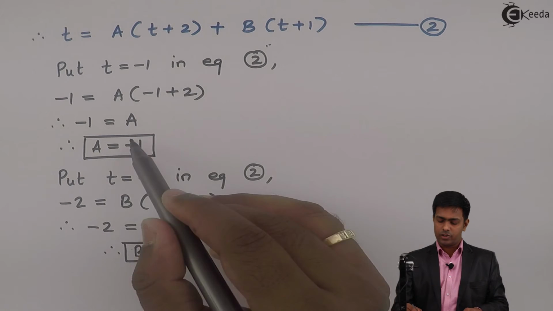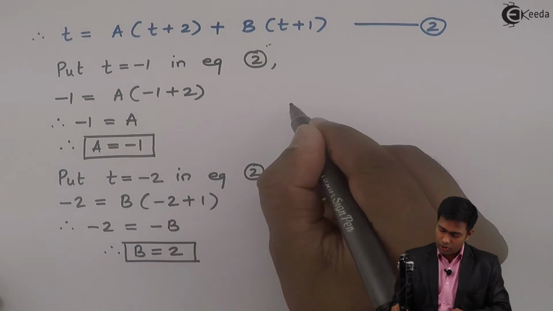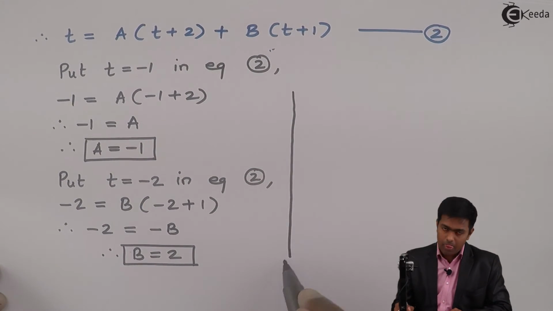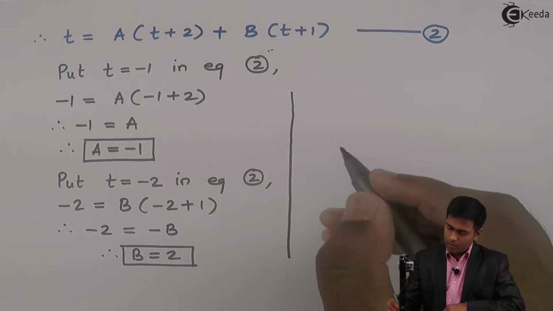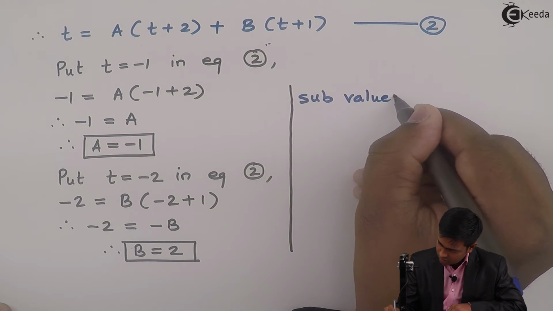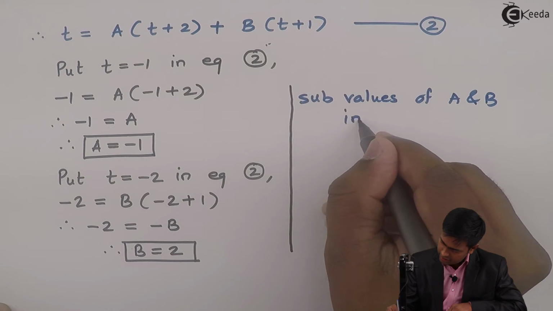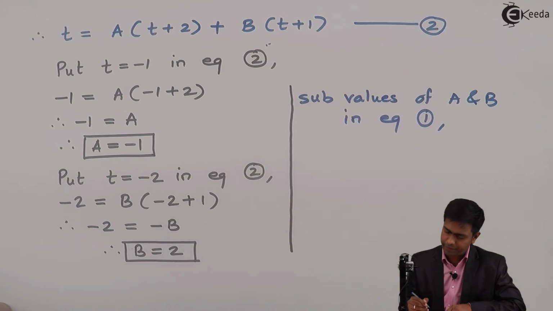Now we will substitute these values in equation number 1 to get the final answer. So here I'll say, substituting the values of a and b in equation number 1.